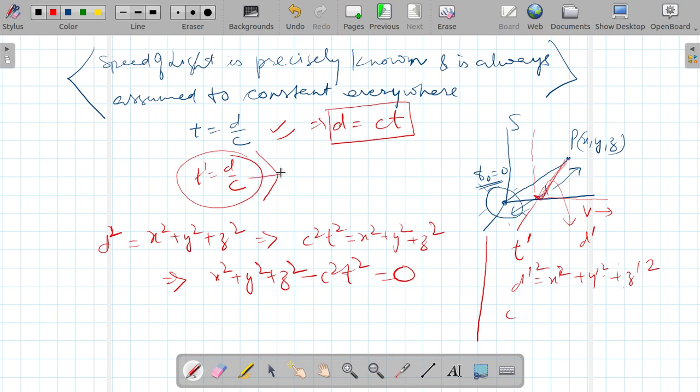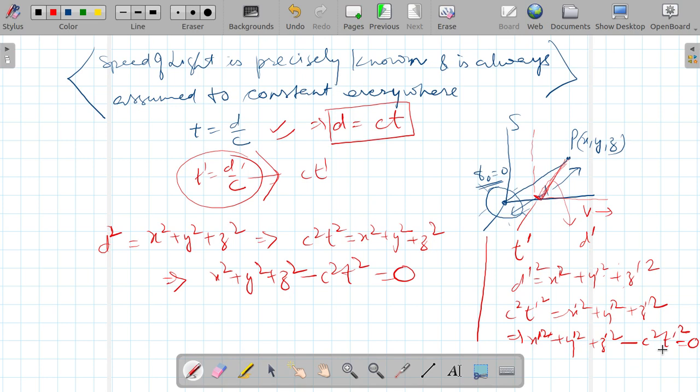And from here, it is ct prime. So c square t prime square, using this, will be equal to x prime square plus y prime square plus z prime square. Or I can write it as x prime square plus y prime square plus z prime square minus c square t prime square, and this is equal to 0.